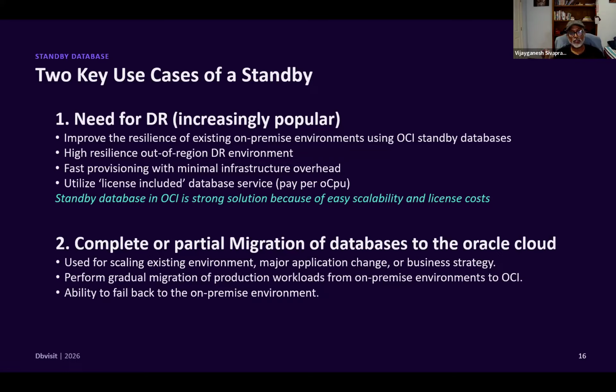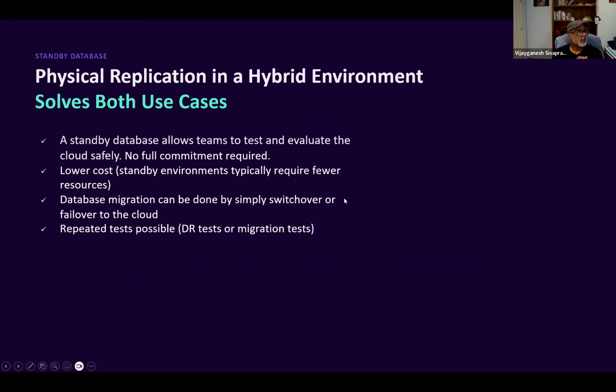So during cutover, you could do a switchover. So your OCI becomes your production and your on-premise becomes your standby. If there are any issues, there is a possibility for you to switch back to its original configuration so that you can do further tests or play with the resources or do a root cause analysis of what happened during the migration steps.